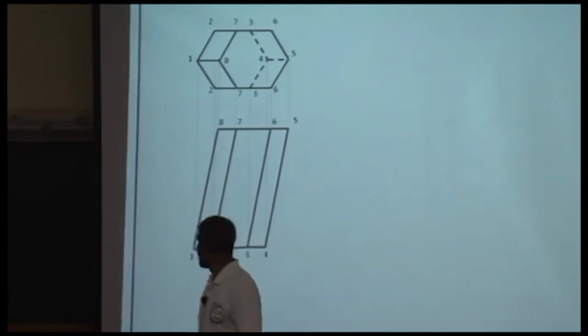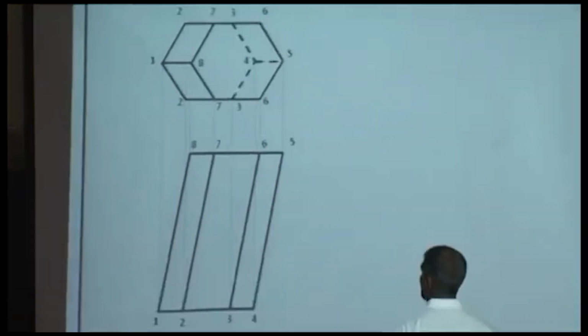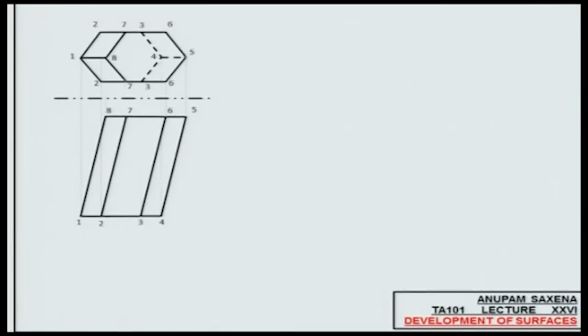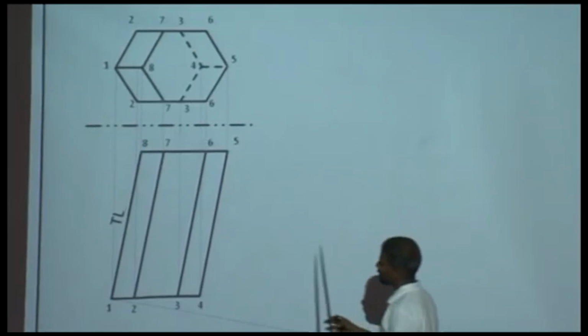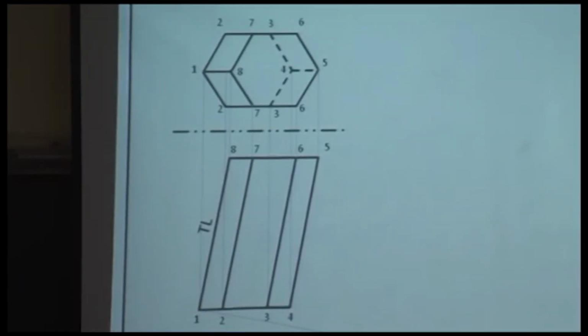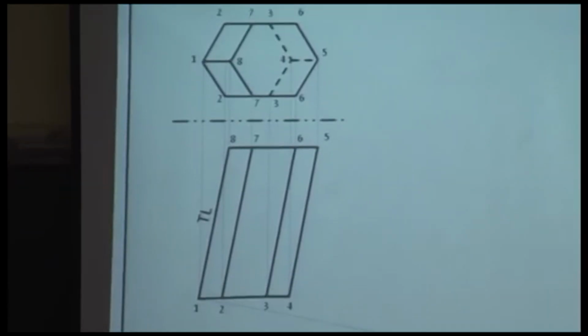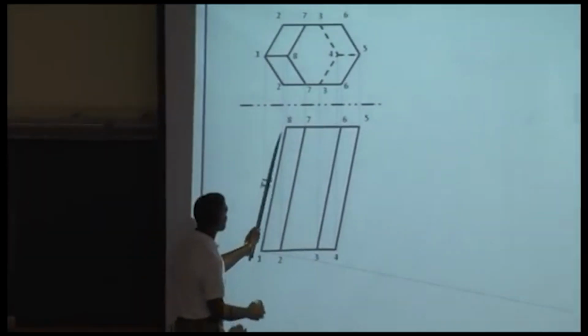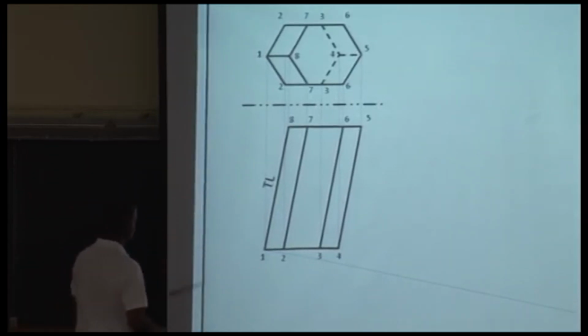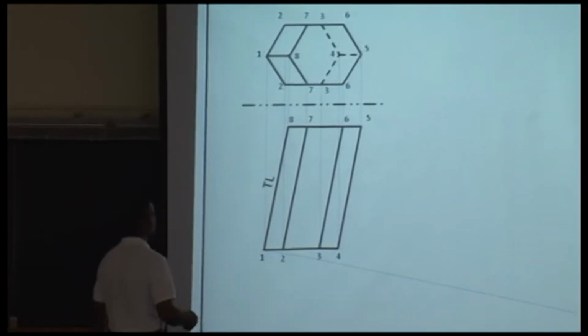Okay, and if you want to develop this, how would you want to go about developing this surface? Well, start with the hinge line. You know that edge 1/8 is in true length. If you cut this solid at edge 1/8 and open it up perpendicular to this, this is how your vertices 1, 2, 3, 4 and 5, 6, 7, 8 will appear.